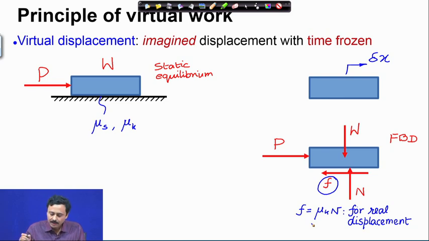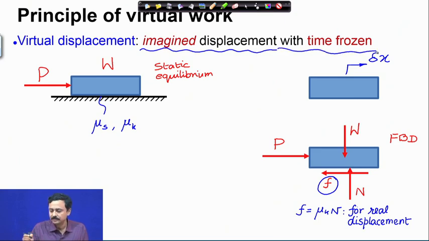However, I am interested in finding out F under static equilibrium, and that is definitely not mu k times N. So, under virtual displacement, the force of friction will remain F, an unknown force F. That is the difference between real displacement and virtual displacement. This is an imagined displacement with time frozen.